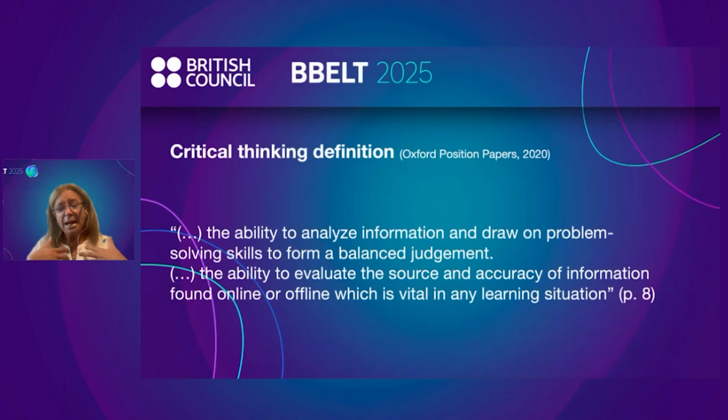Now, back to the example that I was sharing about my students, you could say that they did not form a balanced judgment. In fact, and here this is the tricky part, they were evaluating the two sources. I was the source pushing them to do something, but I did not write the website.